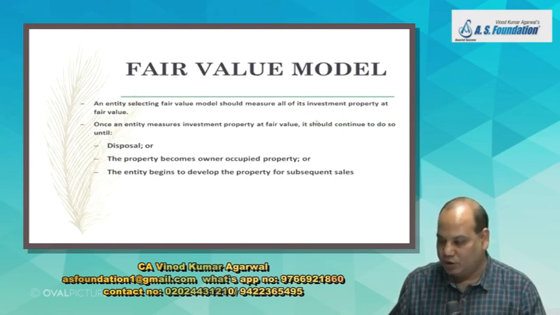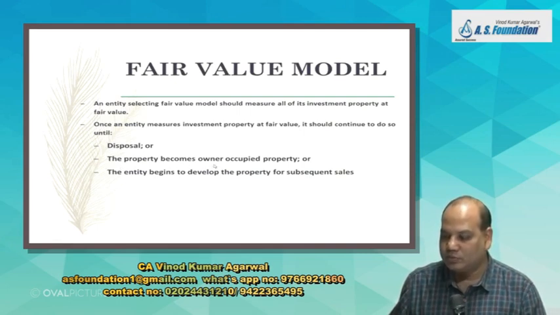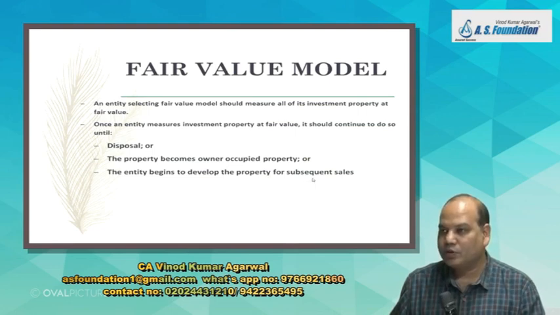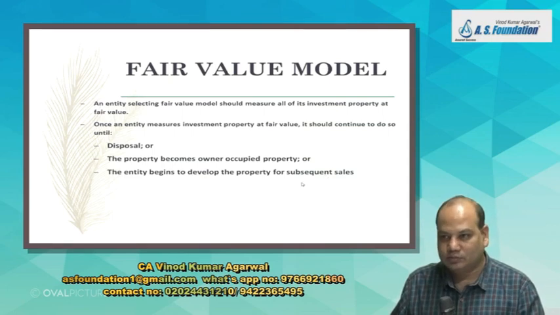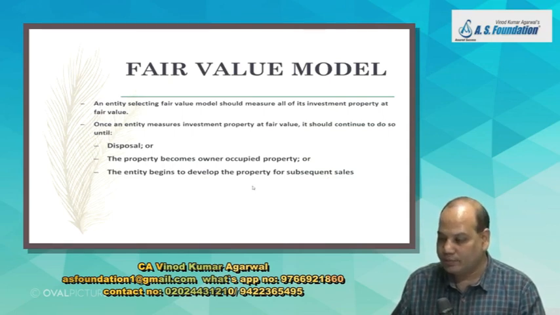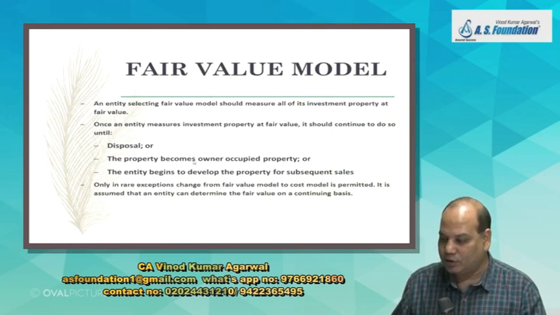That means change is not allowed except in exceptional situation. So it will continue to follow fair value model until disposal or the property becomes owner occupied property or the entity begins to develop the property for subsequent sales. That means it converts into inventory. Okay. That is called fair value model.